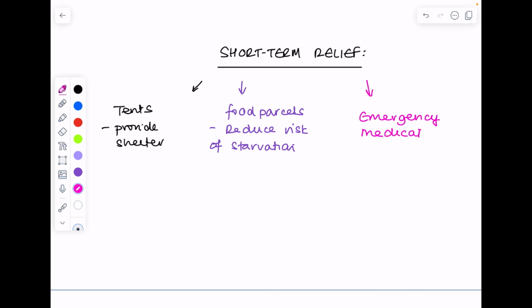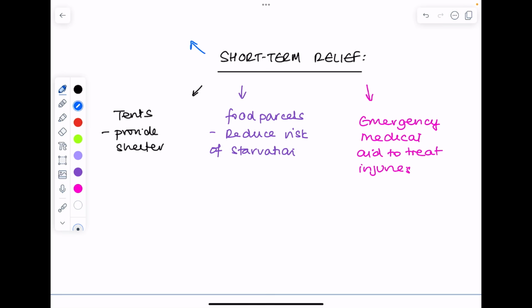You've got emergency medical aid, used to treat injuries caused by falling debris. And bottled water, that's key when lots of water sources will have become contaminated, and that reduces the risk of contracting cholera.